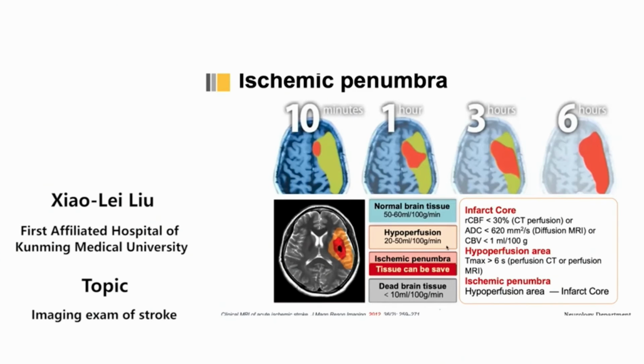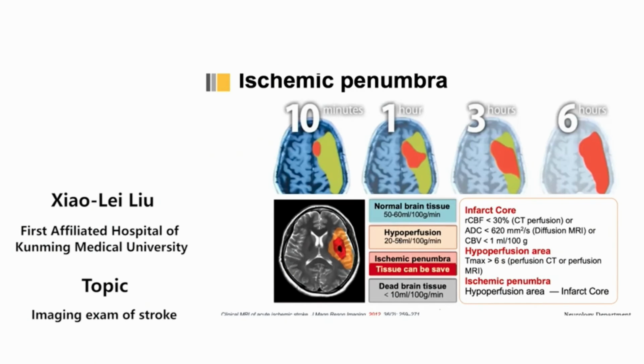And there is also a hypoperfusion area. The normal brain tissue has 50 to 60 milliliters per 100 grams of tissue per minute.